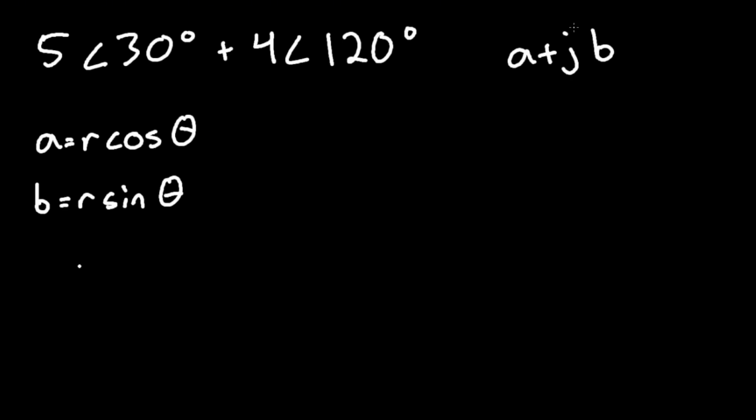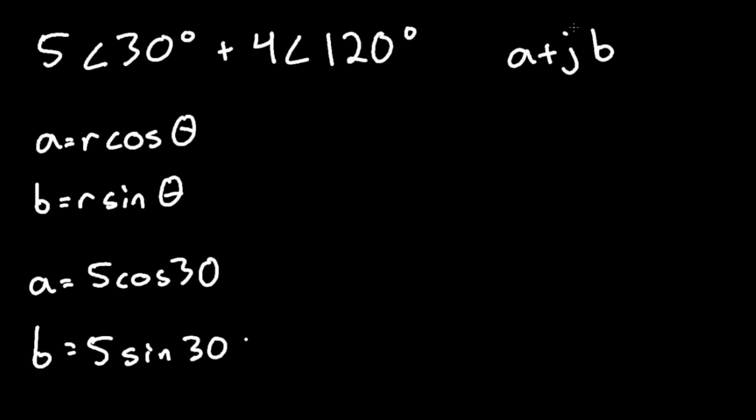So all we need to do is plug in for the numbers. R is 5. Cosine of 30 degrees. B is 5 sine of 30. If we evaluate this in a calculator, we should get 4.33 for this. And for the sine value, you should get 2.5.